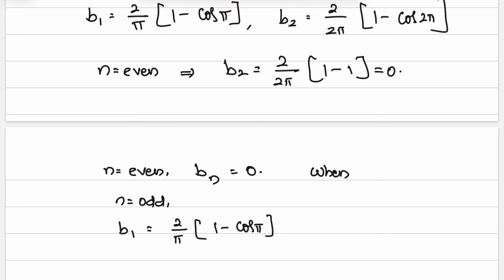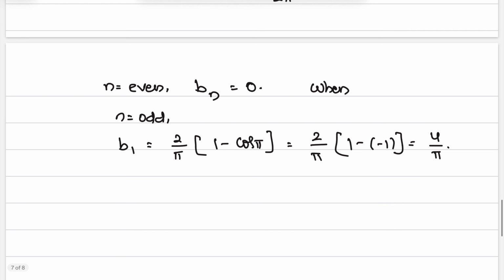Cos pi value is minus 1. 1 minus 1 is 2 by pi into 1 minus minus 1. That is equal to 4 by pi. N is equal to even, Bn is equal to 0.